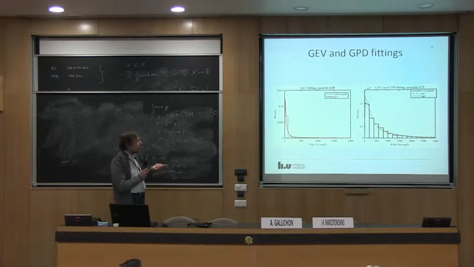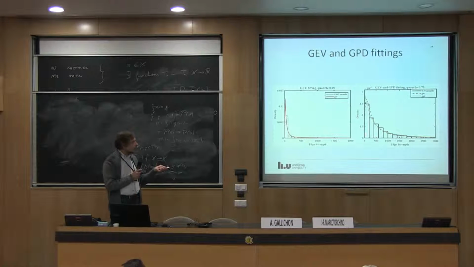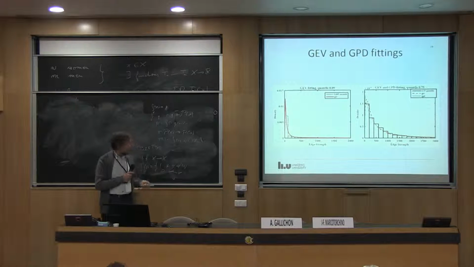I also did some goodness of fit tests, which means that if the content of the image is okay, then these fitting results are also okay. So the distribution of the filter magnitude over a high threshold is really fitted by these Pareto distributions.